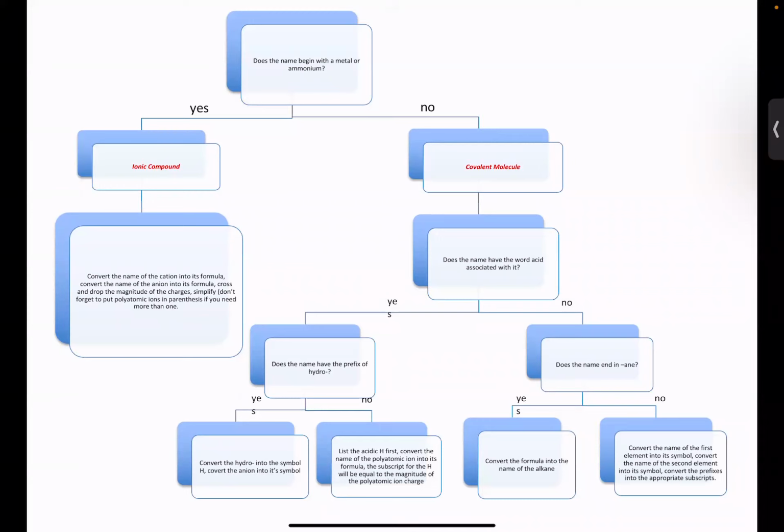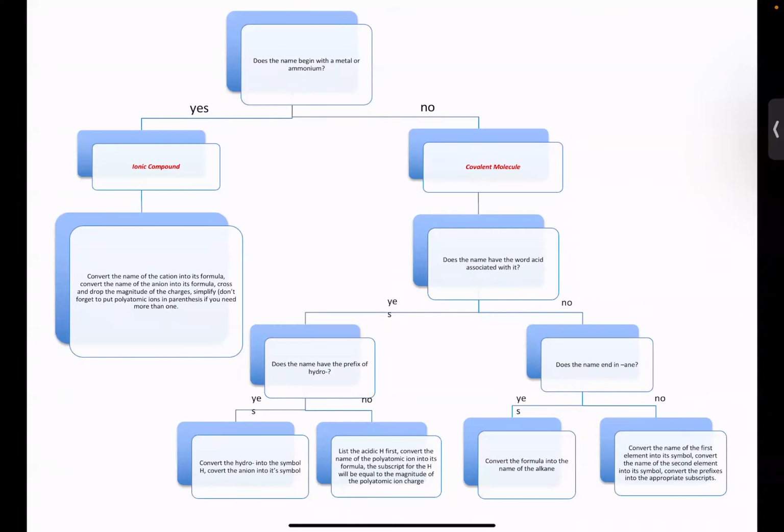So, at this stage of the course, which is almost the halfway point, we have talked about the elements and what they look like.